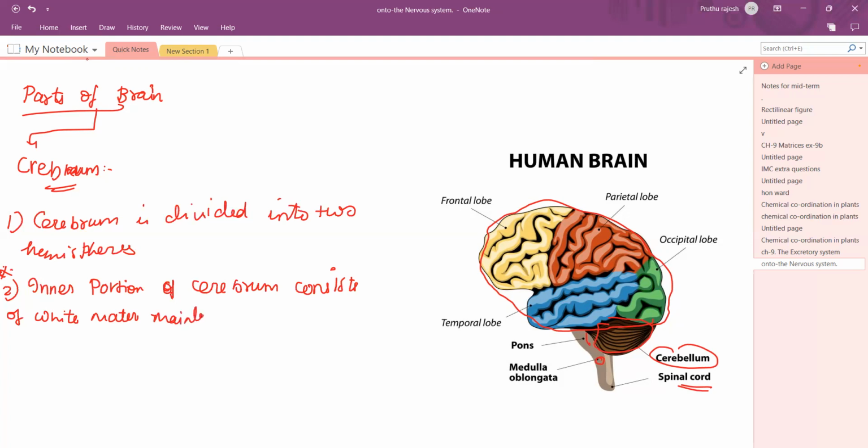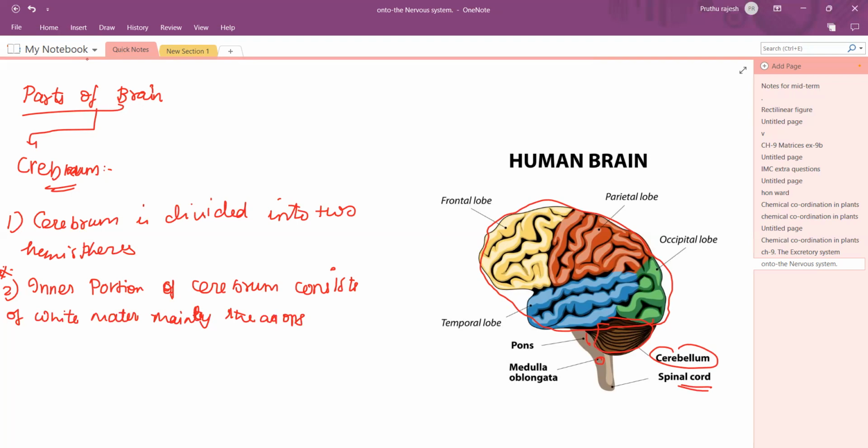And the outer portion of the cerebrum consists of gray matter, mainly the cytons. In the spinal cord, it is the reverse way. The inner portion contains cytons, and the outer portion contains axons.